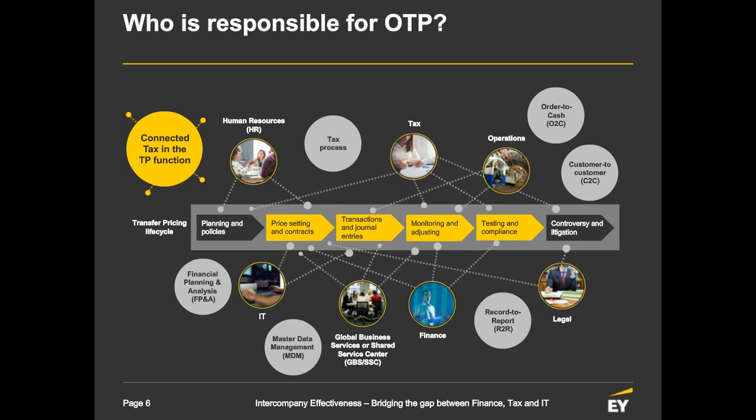From there, we see responsibilities being assigned to business functions and people engaged across the transfer pricing life cycle, as you can see from the graphic there, from planning and policies right through to controversy and litigation.